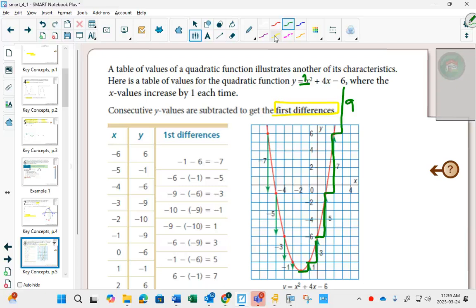You'd go over 1, up 2, then over 1, up 6, then over 1, up 10, then over 1, up 14. If the leading coefficient is a 2, the 1, 3, 5, 7 pattern would double. If it's a 3, it would triple. So this 1, 3, 5, 7 pattern is really helpful for drawing something quickly. If you have your vertex, then you can quickly find other points, maybe even faster than a table of values.